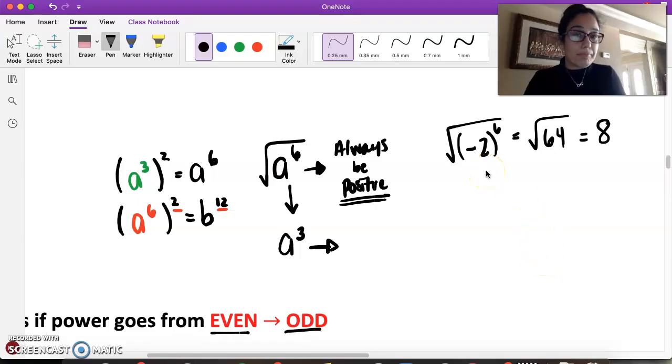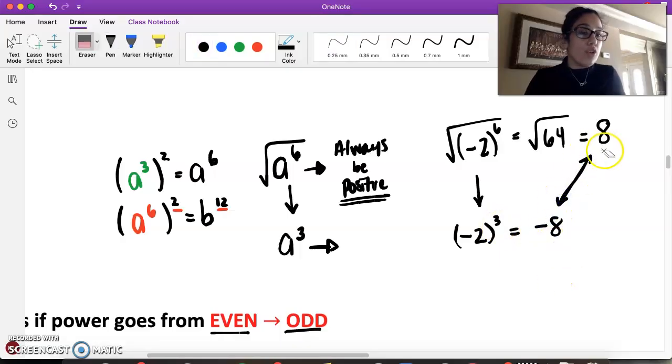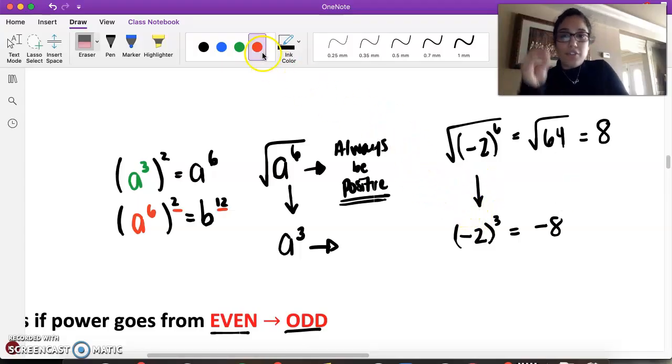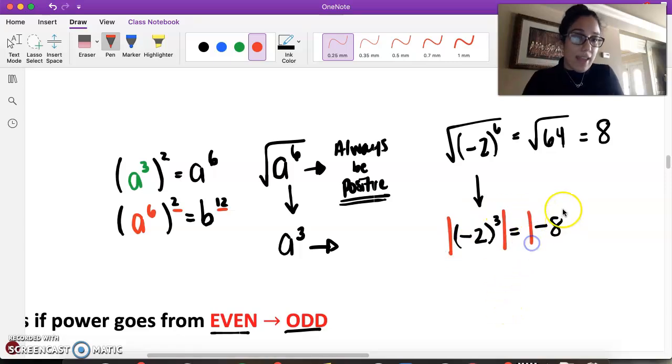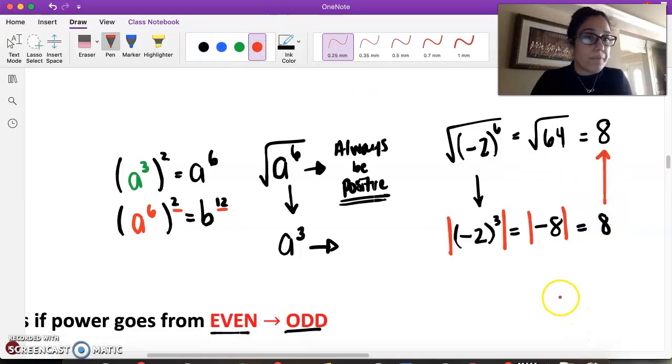Here's the problem: in theory these should be equal, but -2 cubed is not +8, it is -8, and these are not the same. So when it goes from even to odd, you have to put absolute value bars here, so that it is going to be the same, which it is.